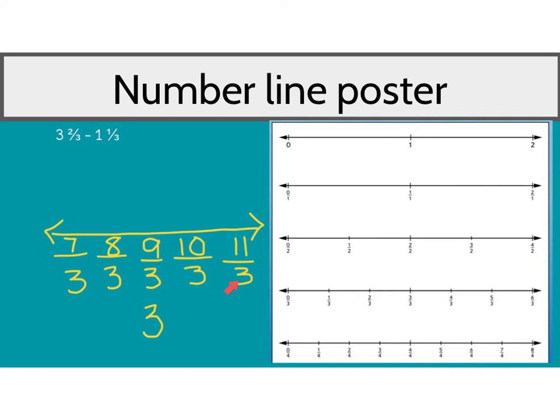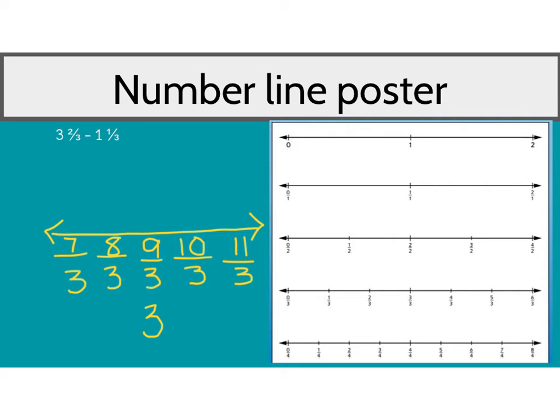I made it long enough that we could use the problem above. The whole number 3 ends up at 9/3, because that's equal to 3. 10/3 would be 3 1/3, and 3 2/3 would end up here at 11/3.